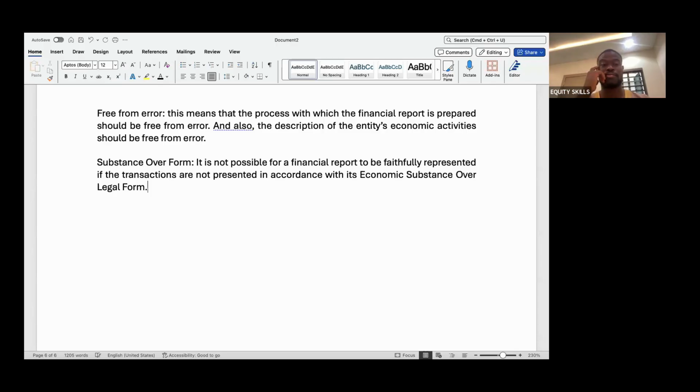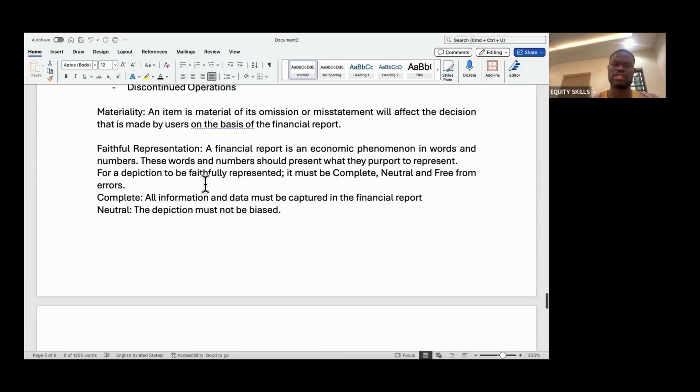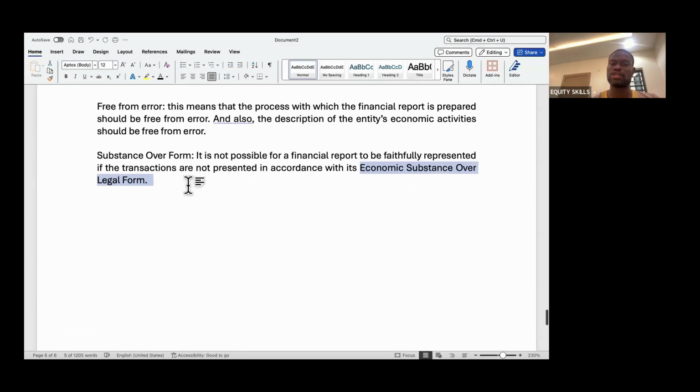It's not possible. If you do not present your transaction in accordance with its substance, the full meaning of substance over form is economic substance over legal form. It's not possible for you to faithfully represent, all this faithful representation I was talking about up here, if your transactions are not presented in accordance with their substance over legal form.